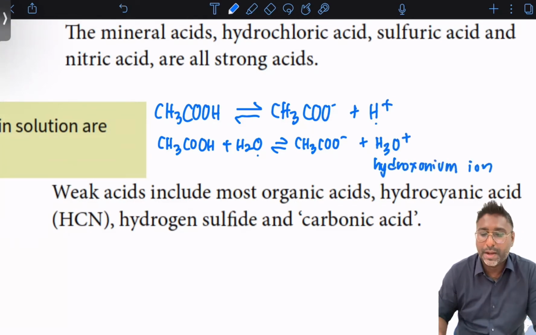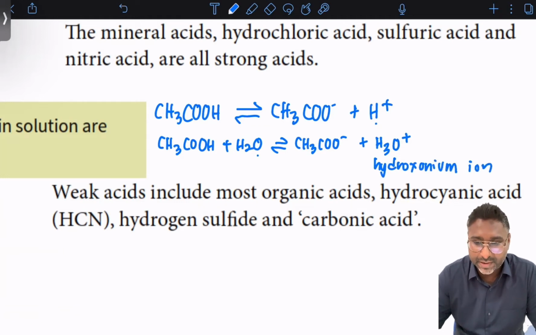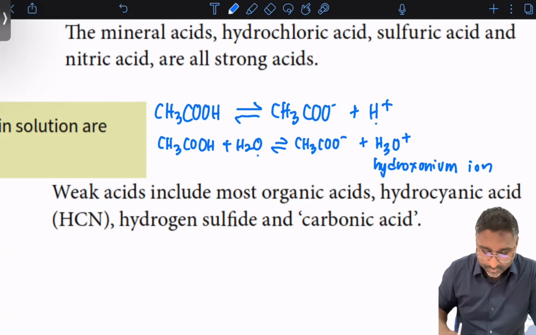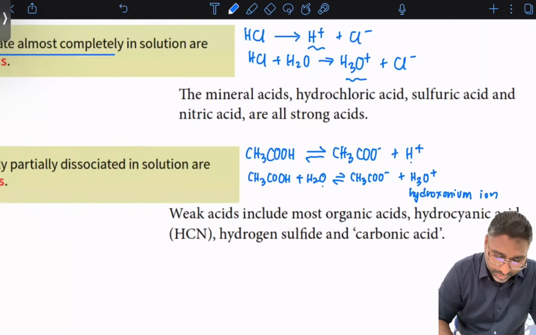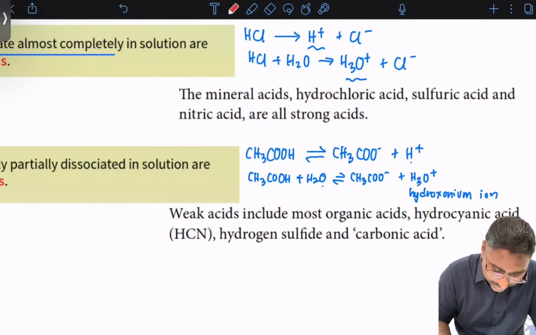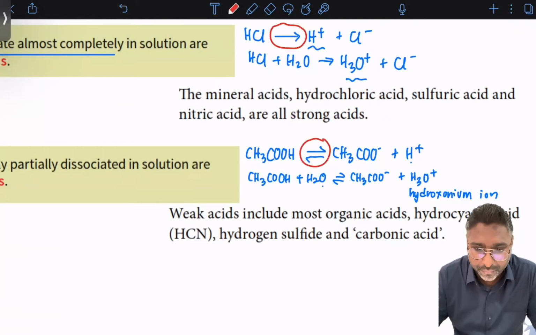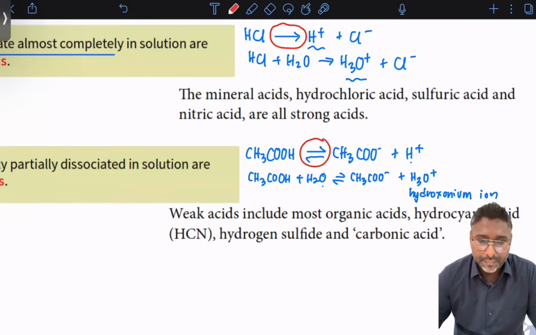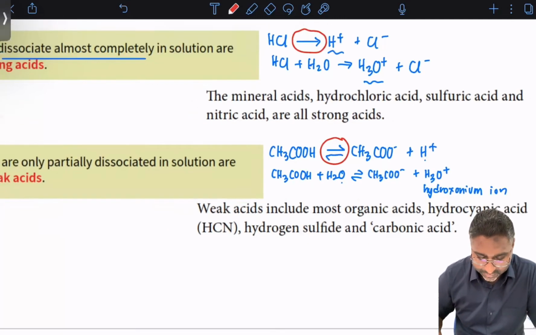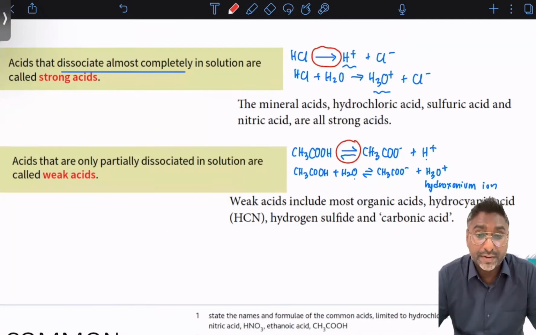This hydroxonium ion is the one responsible for giving the acidic property to the acid, please take note. So what is important here is when to use this and when to use that. For a strong acid that completely dissociates, we use a single arrow. If you have a weak acid, then we use a reversible arrow, quite simple.